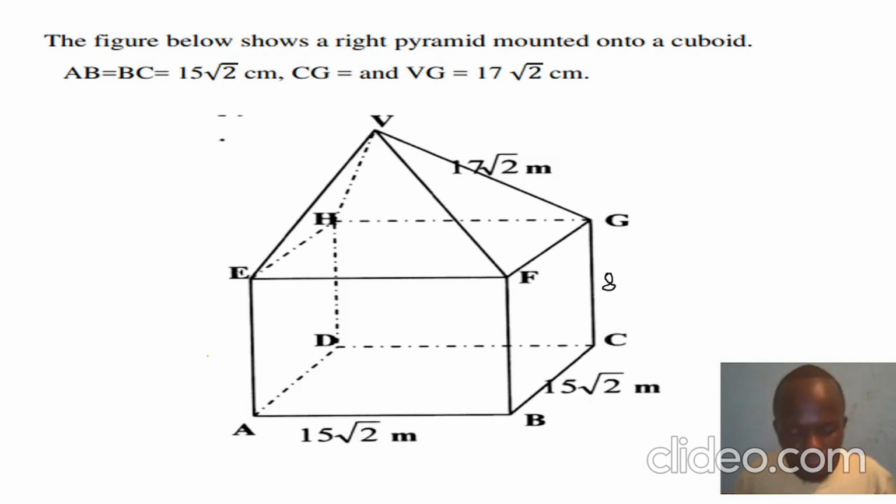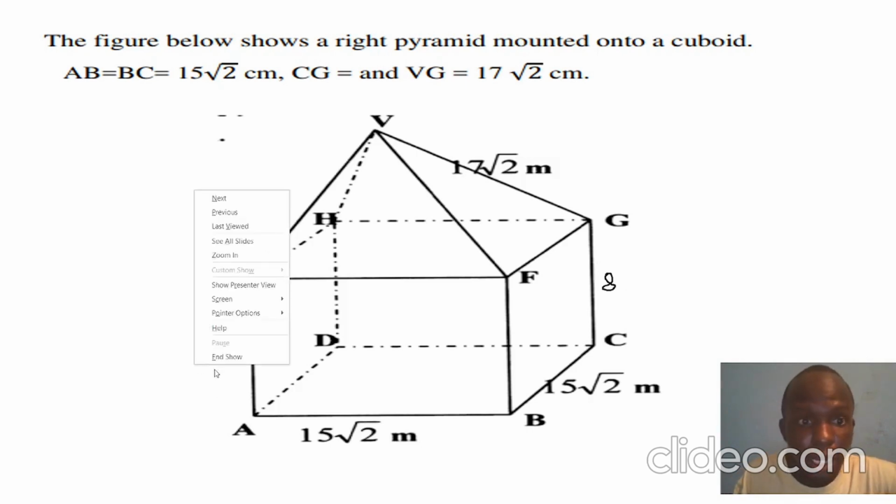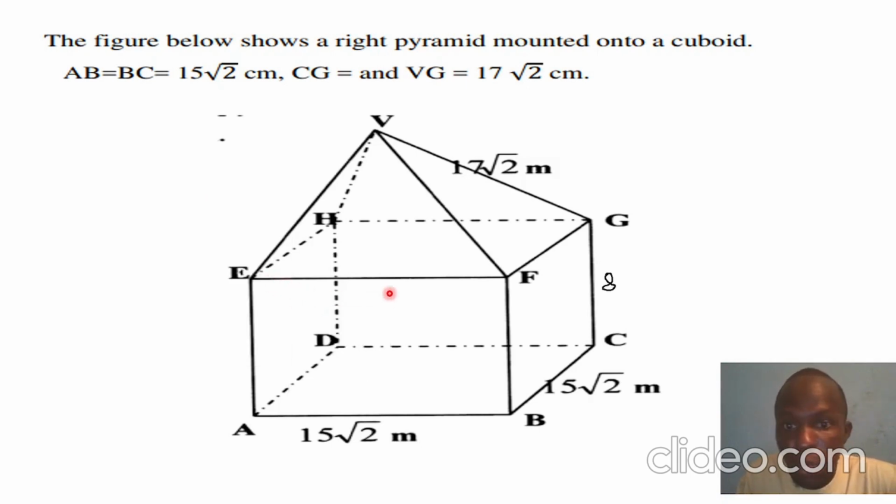So this is example number 2. And what do we have at hand? We have a rectangular based pyramid that is on top of a cuboid.